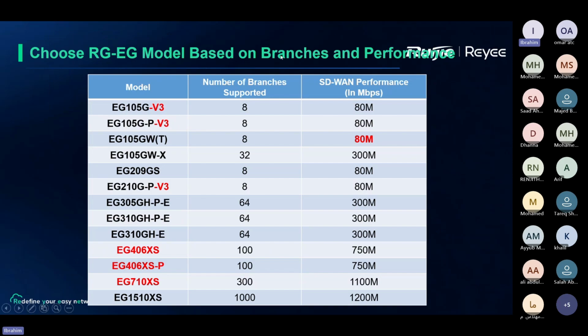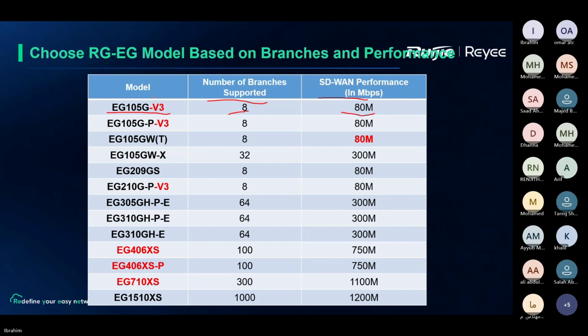Each model can support a number of branches based on its SD-WAN performance. For example, the EG105G supports a maximum of 8 branches, with total SD-WAN performance of 8 megabit per second.